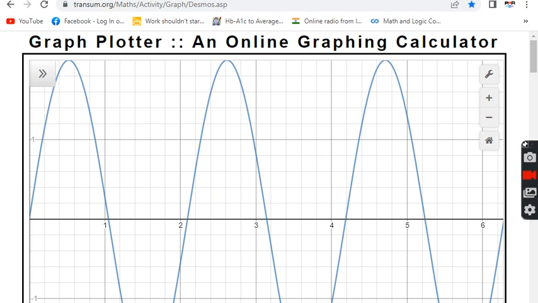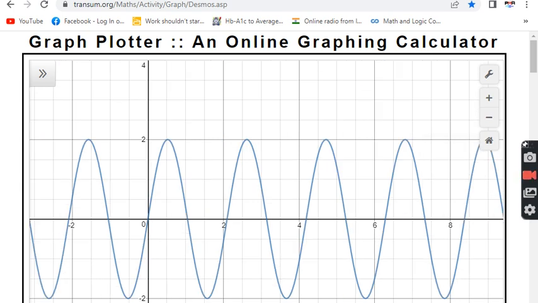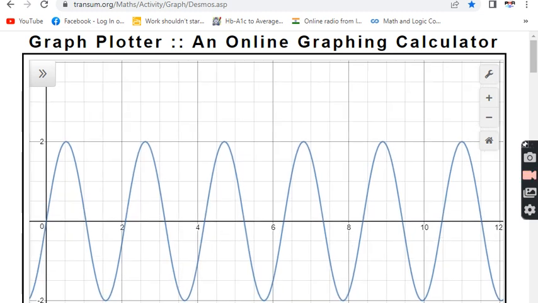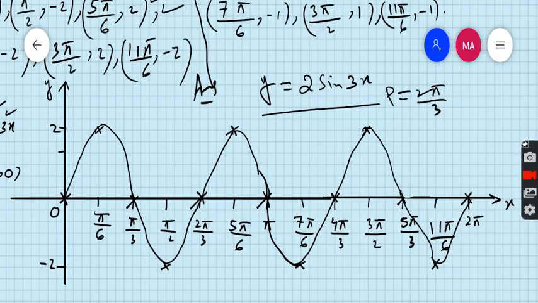And this is the graph. You can see the graph repeats itself. Okay, this is the graph of y equals 2 sine 3x. Just focus from 0, and this graph ends at 2 pi. This is our graph.